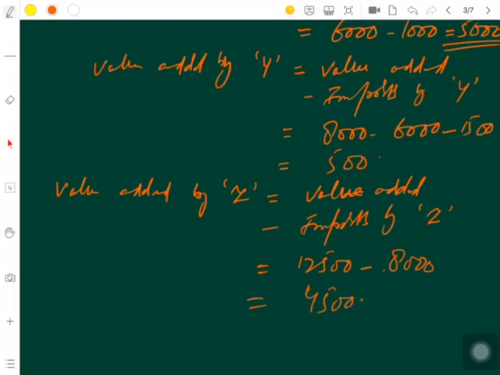So this is our third thing. So by this way we are able to complete this question.